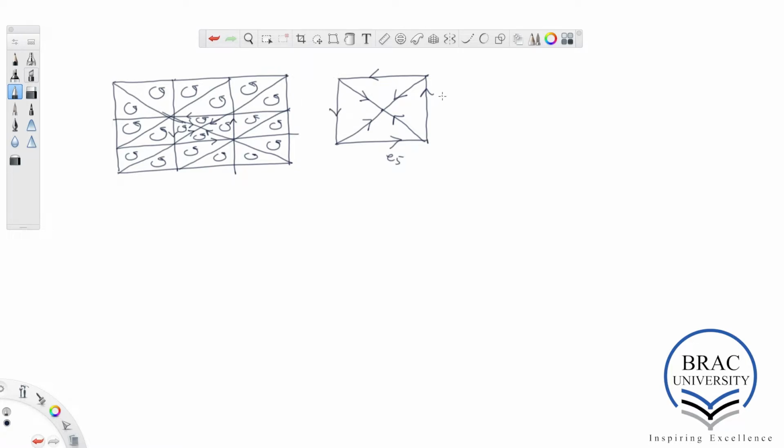This is labeled by E5, E6, E7 and E8, and this edge along one of the diagonals is labeled by E1, this one by E2, this one by E3, this one by E4, and the 2 simplices, this one by sigma 4, this one by sigma 1, this one by sigma 2, this one by sigma 3. Okay, good.